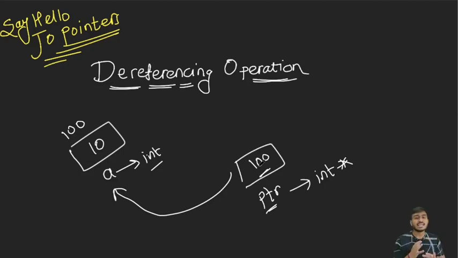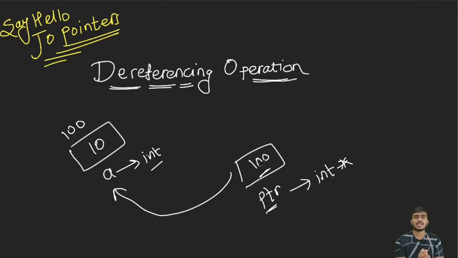So what is this dereferencing operation? The dereferencing operation is used to dereference a pointer. So we have a pointer, and that pointer is going to have some address. With the help of that address we can reach that memory location, and we can perform some operation on that memory location. In this case we have a pointer called ptr, and that ptr is storing the address 100, right?